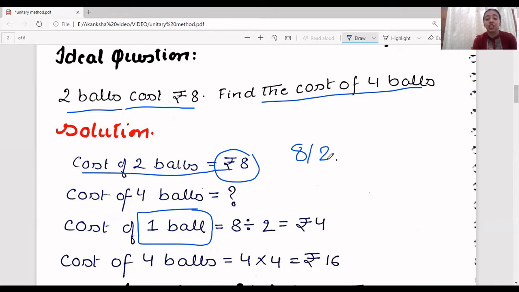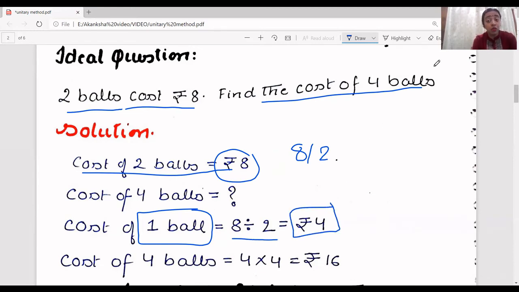If two balls are 8 rupees and you have to calculate the cost of one ball, the first thing you would do is divide the rupees 8 by 2, because for two balls you are paying 8 rupees, then for one ball you'll be paying 8 by 2, right? So the answer is 4. So the cost of one ball is 8 divided by 2, which is 4 rupees.